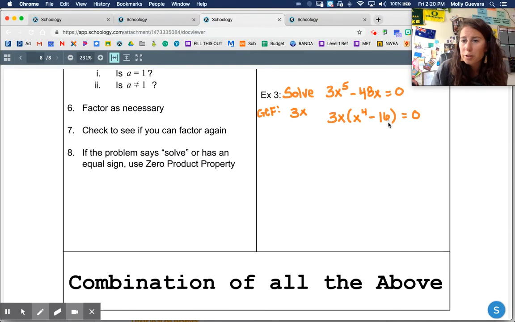It's not 4 terms. It is 2 terms, and it is a perfect square. I have x to the 4th, 16, and a negative. So if I factor that, I get x squared minus the square root of 16, which is 4, and then x squared plus 4. And then the 3x is still here.